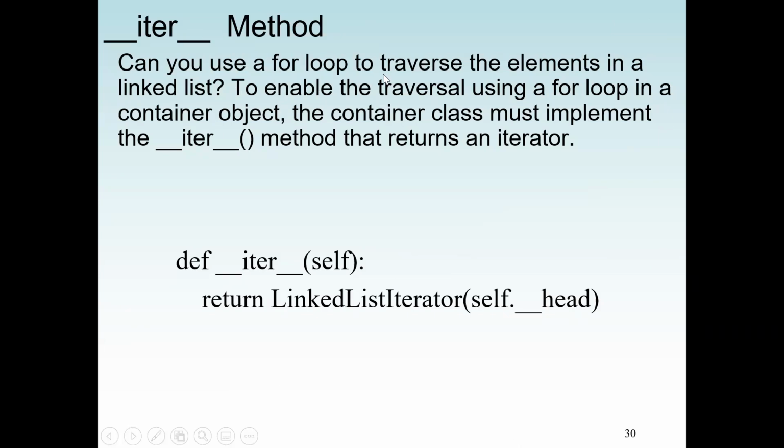So can you use a for loop to traverse elements in a linked list? No. To enable the traversal using a for loop in a container object, the container class must implement the iterator. This is the method named iterator that will return an iterator, and it returns the linked list iterator head.